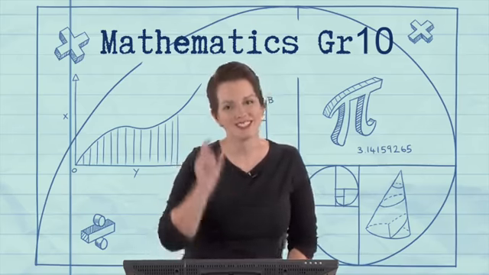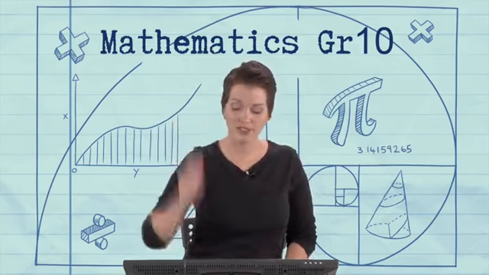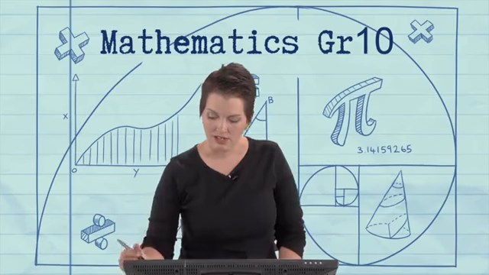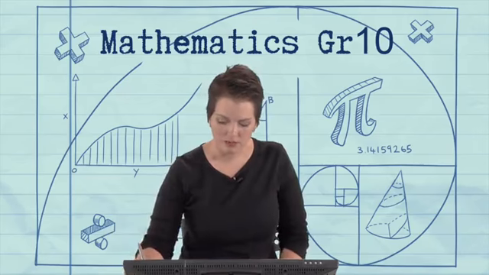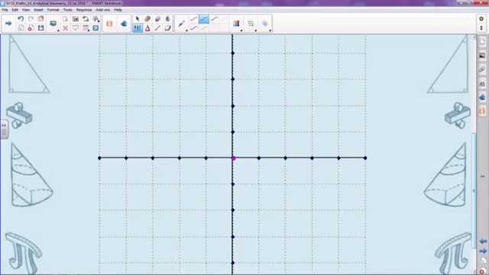So for every 1 it goes across, it goes 3 up. So I can now plot that. That particular method of plotting is called the gradient intercept method. The intercept is 0, 0, but the gradient tells us for every 1 it goes across, it goes 3 units up. So there it is over there.